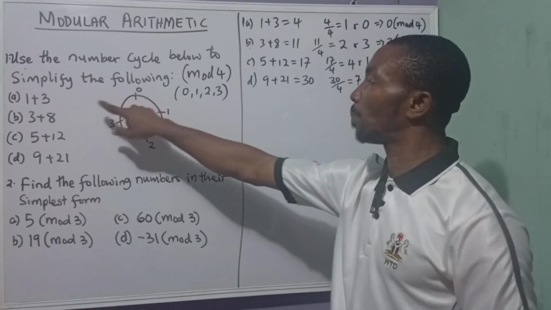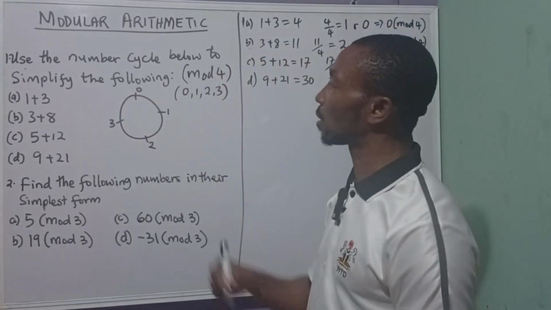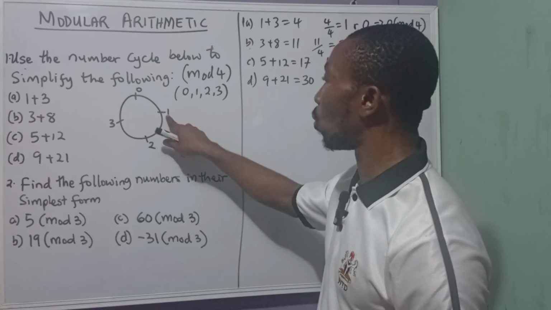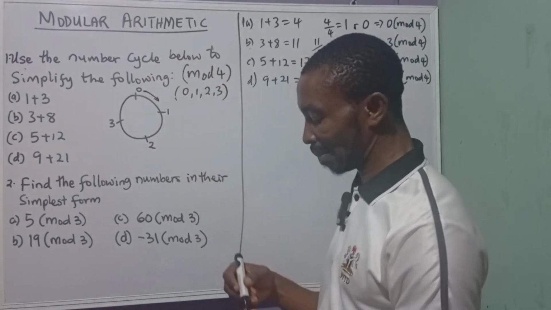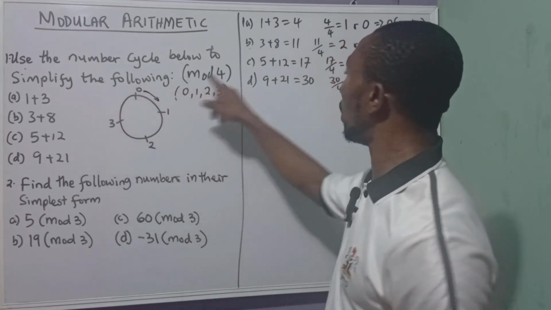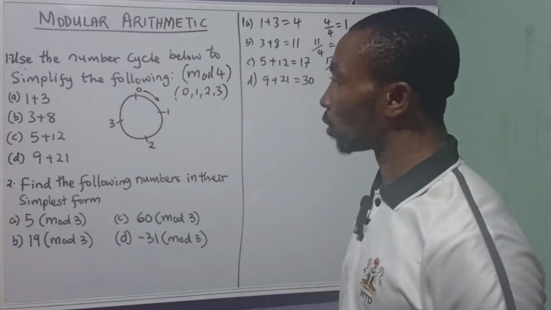So 3 plus 1 gives us 0 mod 4, because if we start from 0 as our starting point and count 4 steps clockwise, our value ends at 0.